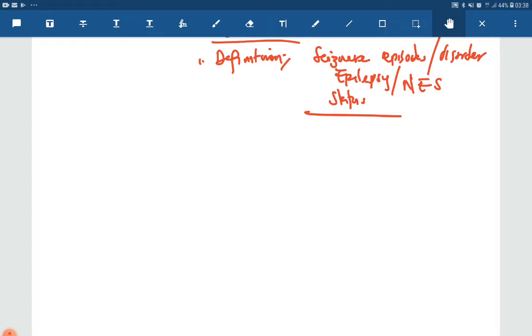Now, what we must understand is that when the term seizure is used, it refers to the cortical neurons.